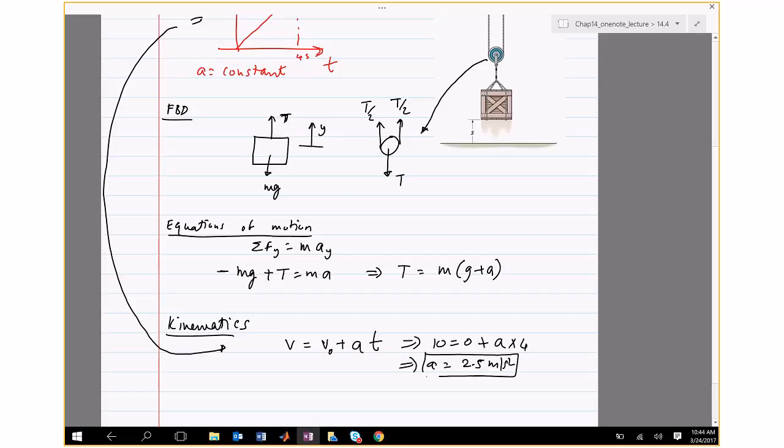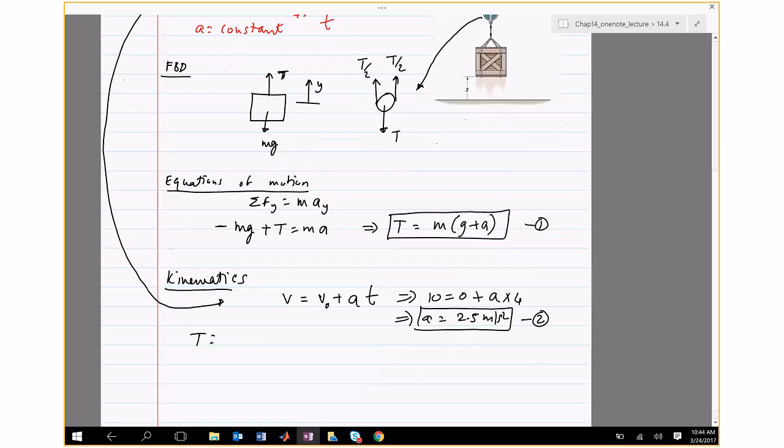Okay, so now I can find the tension equals mass times g plus a, where the mass is 50 lb. I'm going to interpret that 50 lb as lb, not lbf. Would that be 2m?